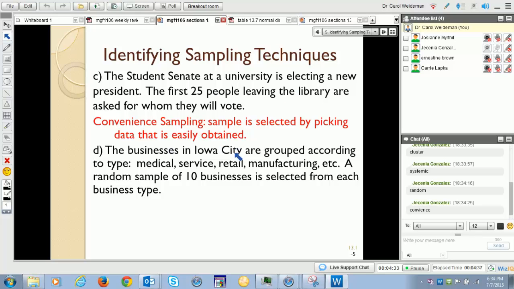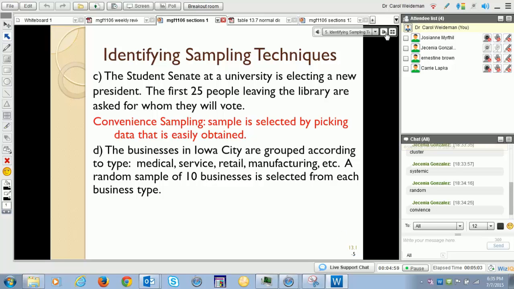Businesses in Iowa City are grouped according to type: medical, service, retail, manufacturing, etc. A random sample of 10 is selected from each of the business types. What kind of sample here? Now notice again, the population is divided into homogeneous groups, and then in each of those groups we take a random sample. Anybody want to try that one?